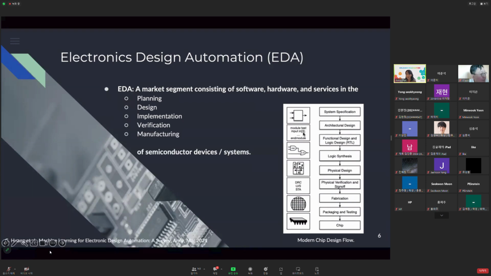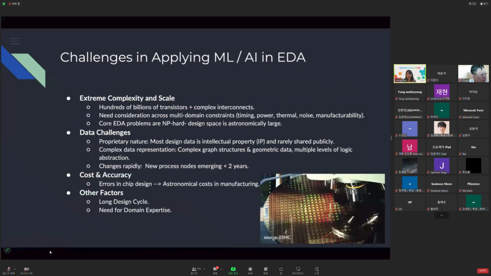Go to the previous step and redo all of those. That will take maybe thousands or tens of thousands of engineers' effort, and it could easily take several months, or even years. So any errors in the chip design can cause astronomical cost in manufacturing and redesigning.